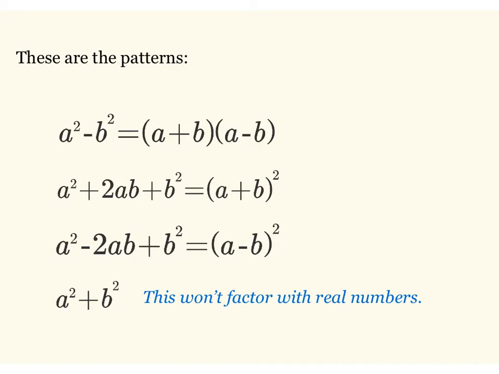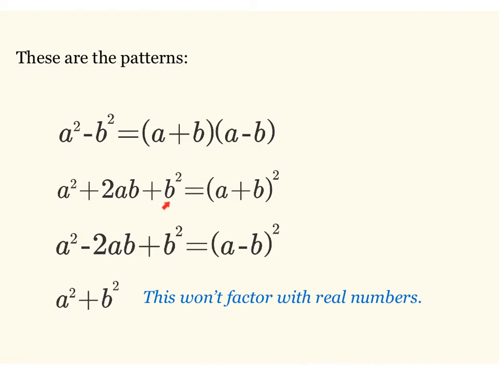Now in the second pattern, we have a squared plus 2ab plus b squared. So the middle term is formed by taking the square root of the first term, which again should have a perfect square number and a variable to a power of 2 or an even power.